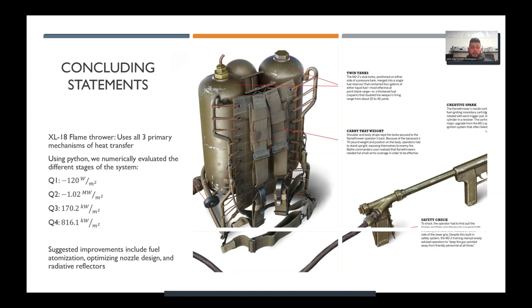For Q3, 170.2 kilowatts per meter squared. And Q4, 816.1 kilowatts per meter squared. Some suggested improvements include fuel optimization, optimizing the nozzle design, and radiative reflectors.